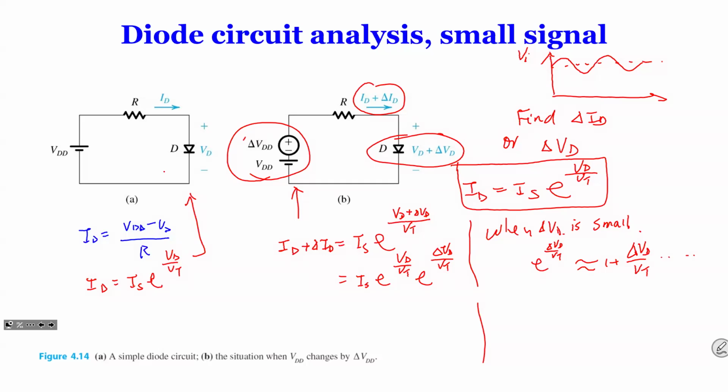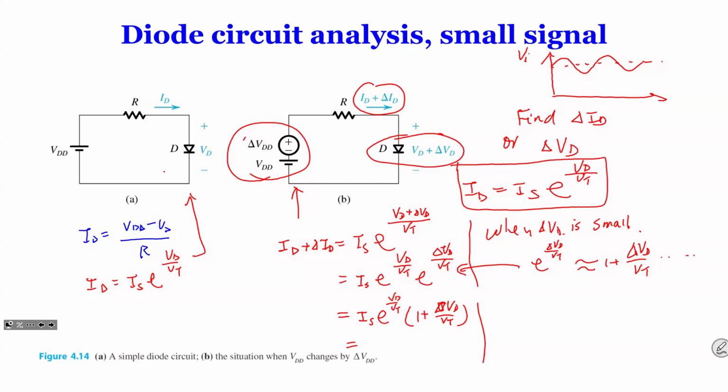So now we can plug this into that equation, and we'll get IS e to the VD over VT times 1 plus delta VD over VT. You probably noticed already, what is this term about?